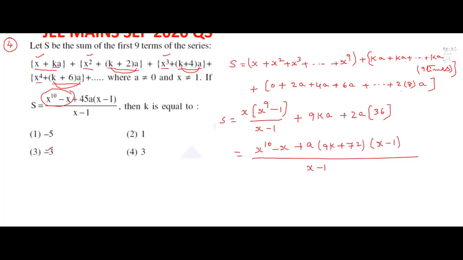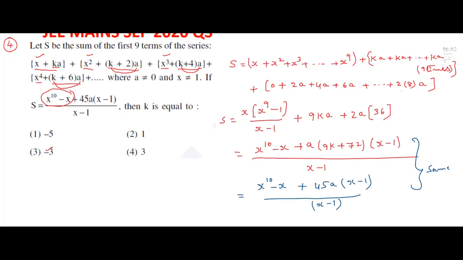After taking the LCM, we get this. But in the question it is already given: x power 10 minus x plus 45A into x minus 1, divided by x minus 1. So these two represent the same.